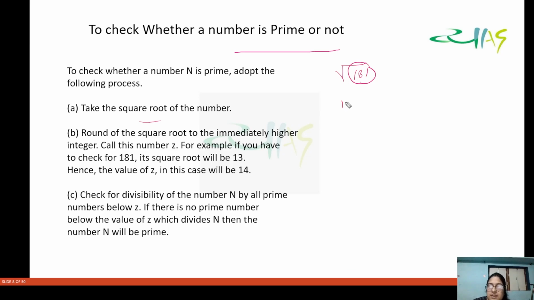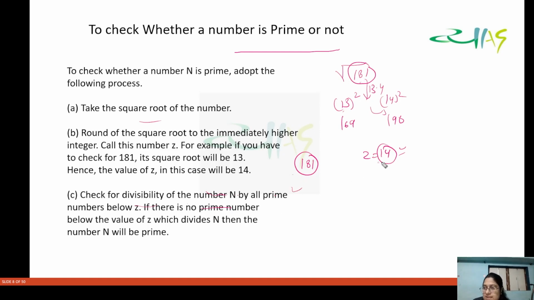Okay, so like we know that the square of 13 is 169 and the square of 14 is 196. So the square root of this will be 13 point something, whatever it may be. So let us consider a value 14. Take some value 14. Now check the divisibility of the number n, meaning for 181, by all prime numbers below z. So if there is no prime number below this value that divides it, then this will be a prime number.